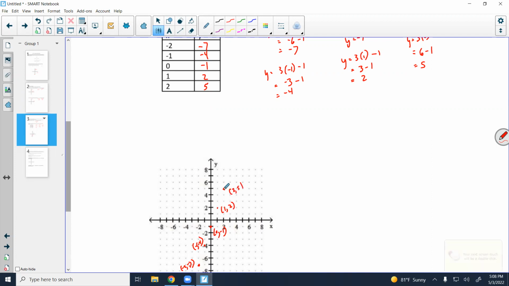Then we draw our line. And that, we just graphed our first line.